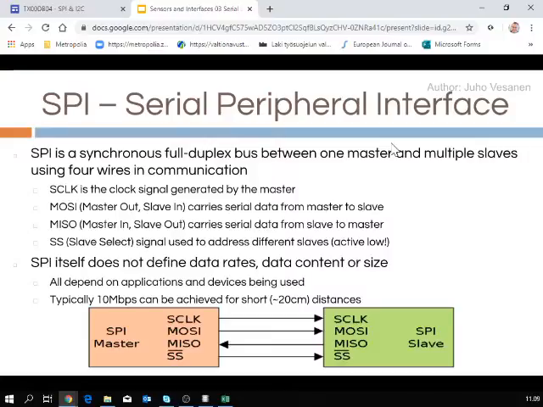There is a limit on I2C because you cannot use these matched lines. So you cannot use impedance balanced lines, meaning that it's usually up to a few megahertz maximum.